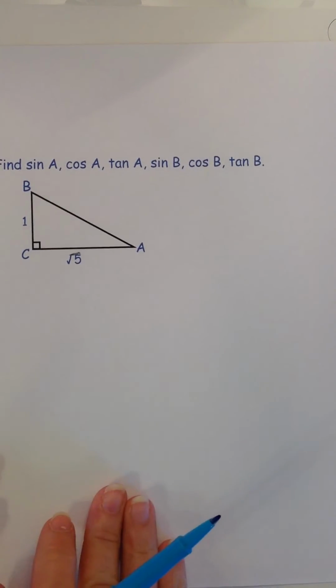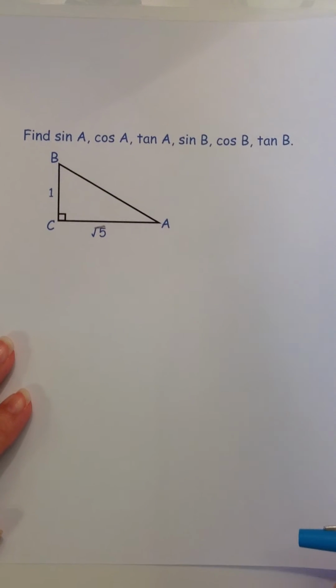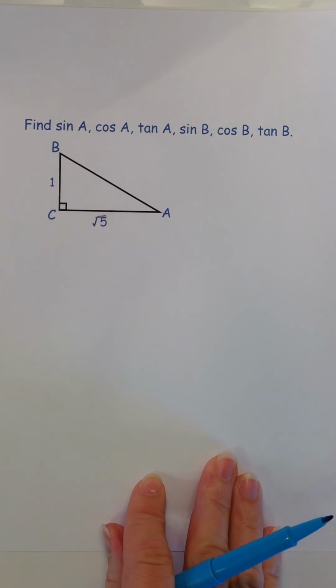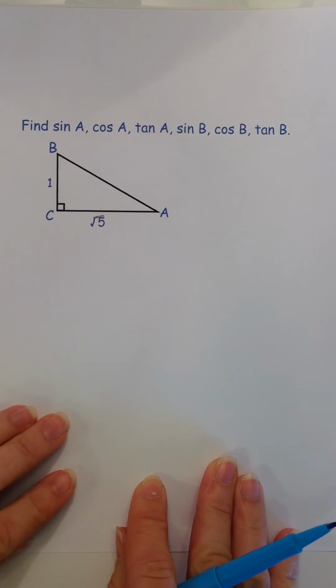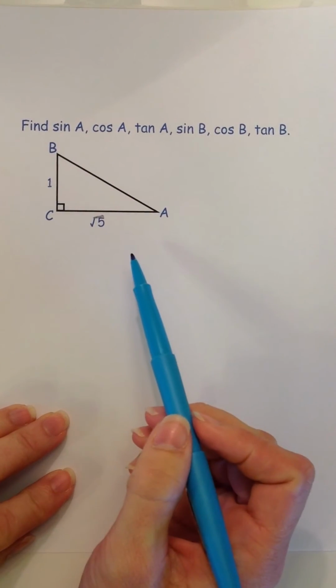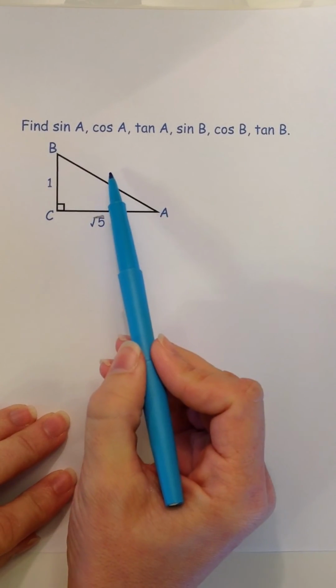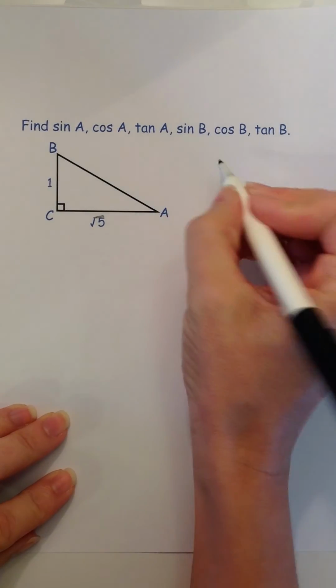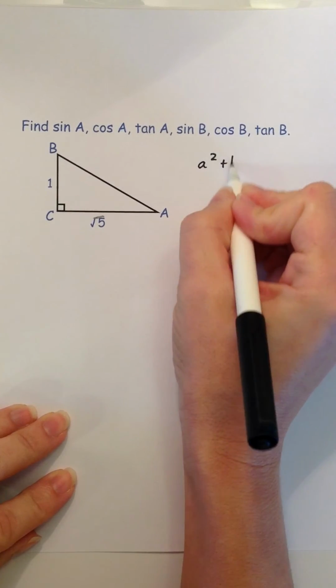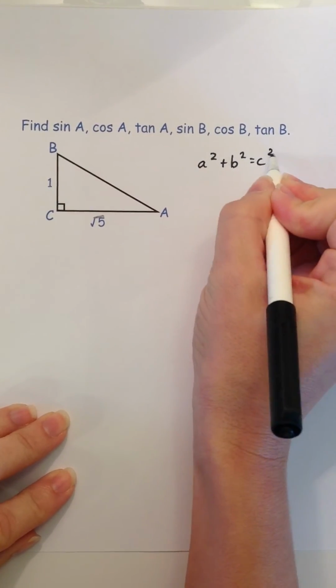All right, the next problem we have, let me get this one on the screen for you. There we go. All right, this is very similar to the one we just finished. Of course, this one already has it drawn for you. You will need to find your hypotenuse, so let's start by doing that, using your Pythagorean theorem.